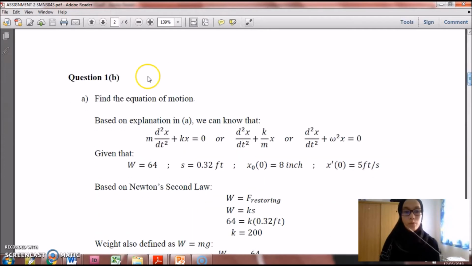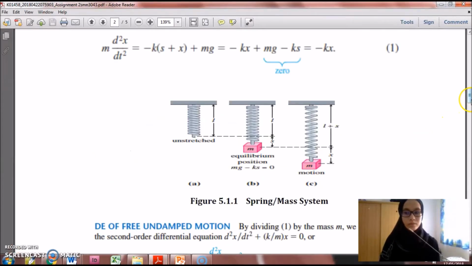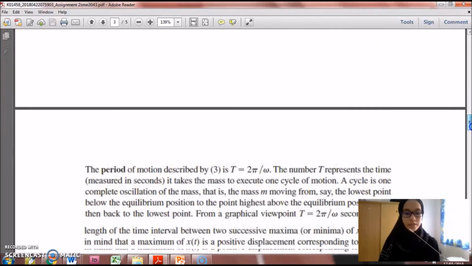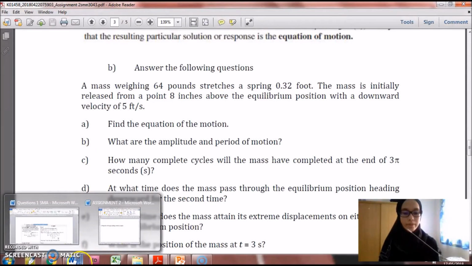Okay, for question 1B(a), the question is: a mass weighing 64 pounds stretches a spring 0.32 feet. The mass is initially released from a point 8 inches above the equilibrium position with a downward velocity of 5 feet per second.